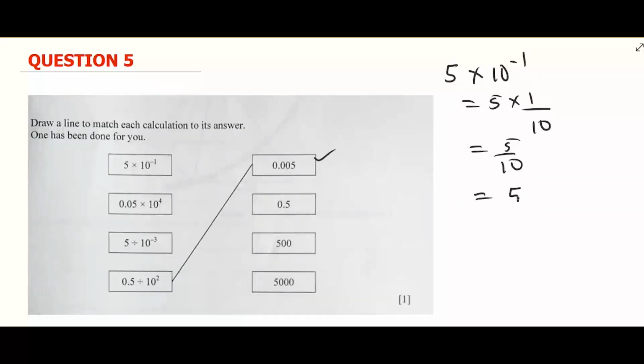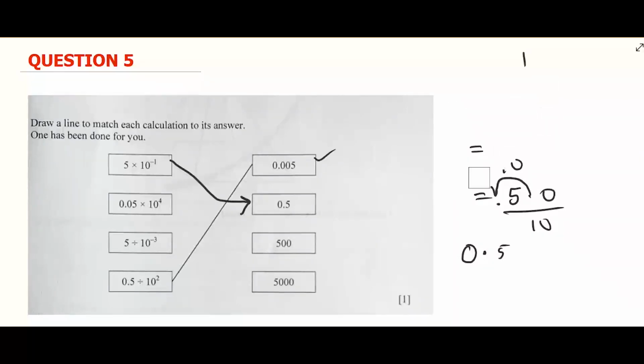This is the same thing as 5.0 divided by 10, because 5 is the same thing as 5.0. We are dividing by a power of 10, which is 1, so we shift the decimal point backward once. So we are going to have 0.50. It is always good to precede a decimal point with a 0, and you can always neglect the last 0. So this one is the same thing as 0.5.